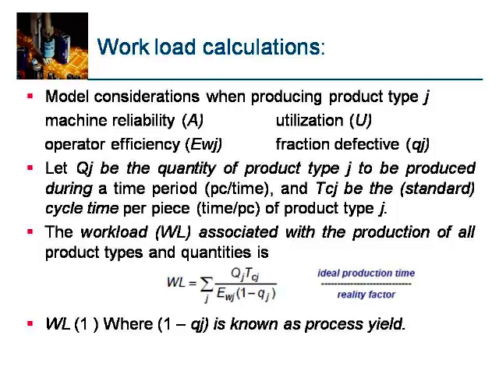Let QJ be the quantity of product type J to be produced during a machine time, and TCJ be the standard cycle time per piece of product type J. Then workload is the production of all product types, and quantities is WL is equal to sigma over J of QJ TCJ by EWJ into 1 minus small qj, where 1 minus qj is known as process yield.